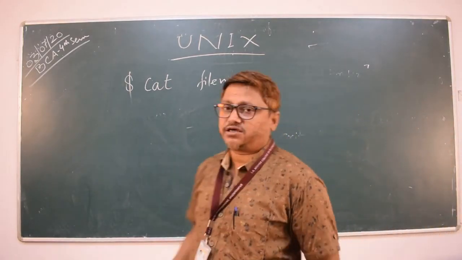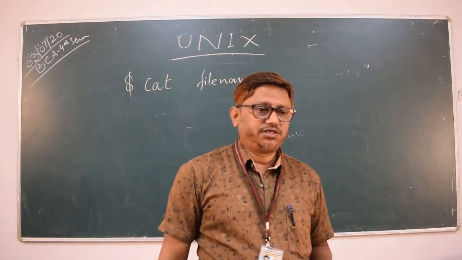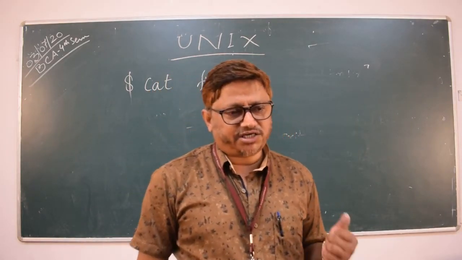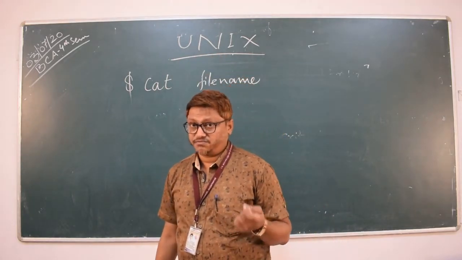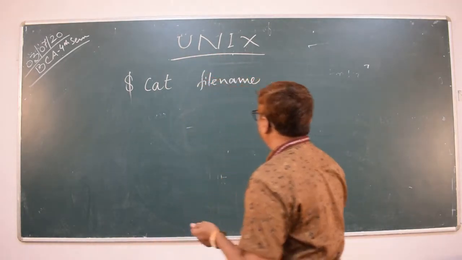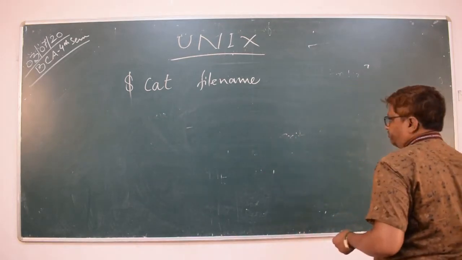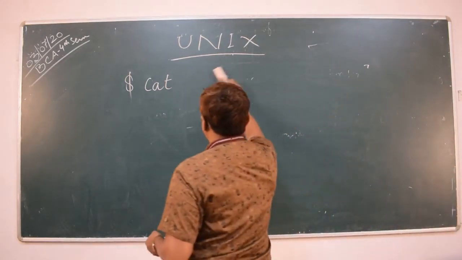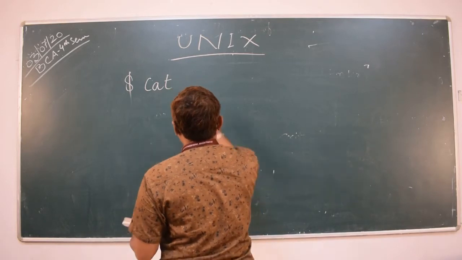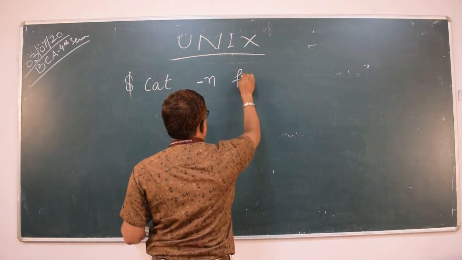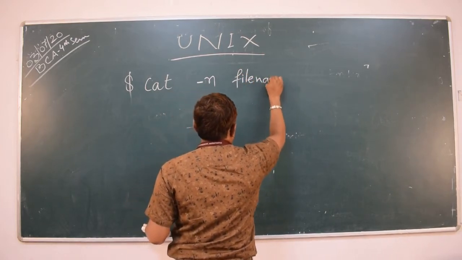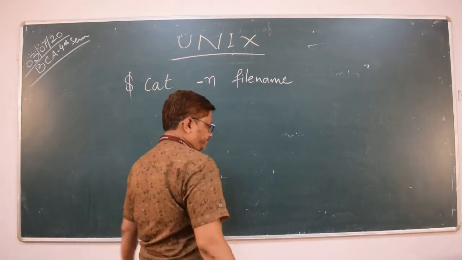This displays the contents of the file. Suppose we want to display the contents of the file with line numbers. Then we use a switch option. With the help of the switch option, to display with line numbers, use cat -n space file name.